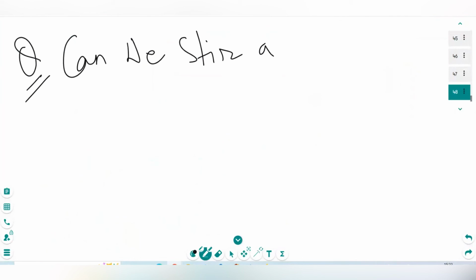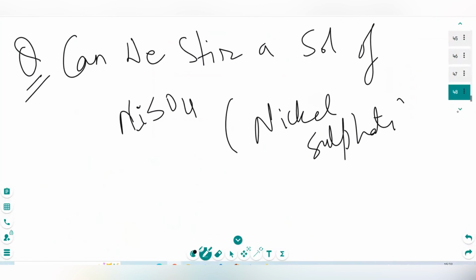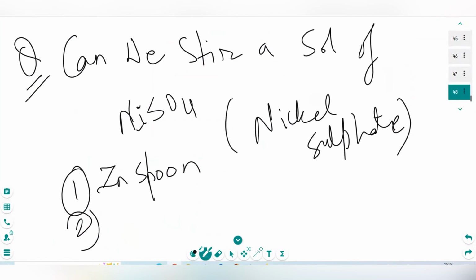Okay. So the question is, can we stir a solution of NiSO4, that means nickel sulfate, and SO4 means sulfate, with option A, a Zn spoon, and second with a silver spoon?